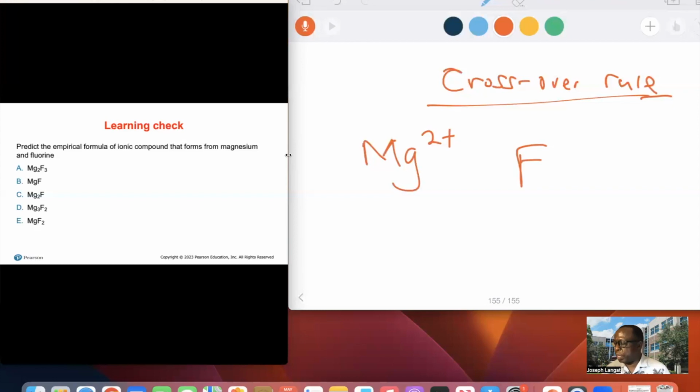Fluorine, or fluoride, is in group 7. To write the correct formula you cross over, and the correct answer is MgF2.